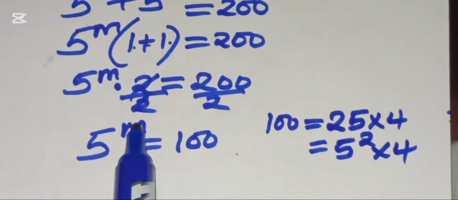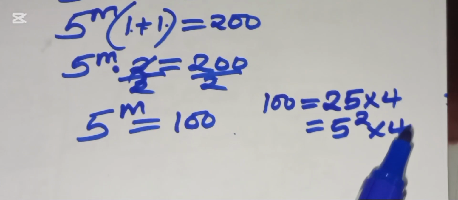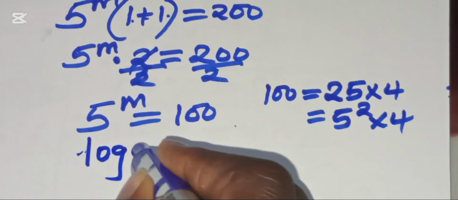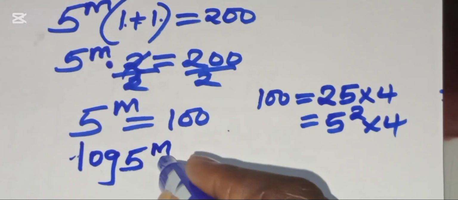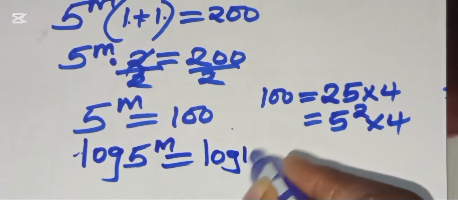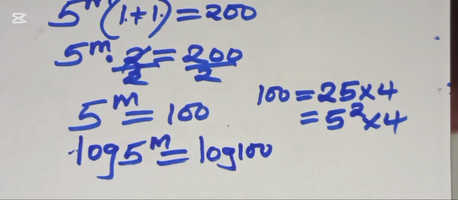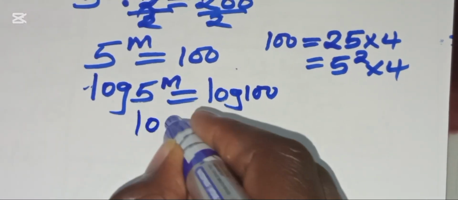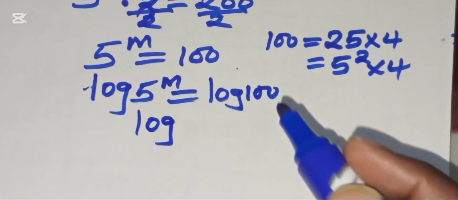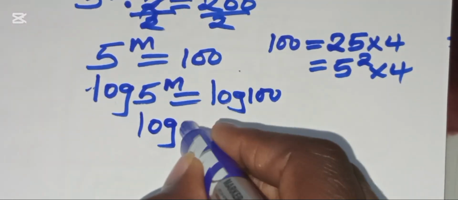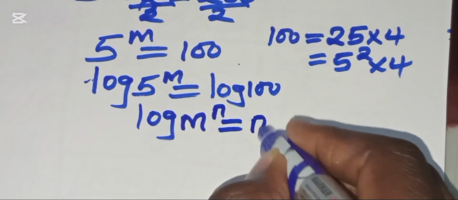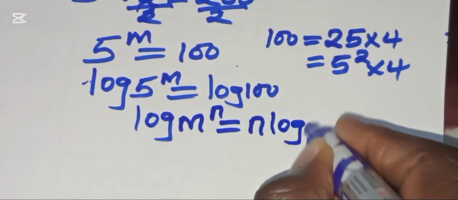Now, to solve for the value of m, we introduce the logarithm property. So we'll have log 5 raised to power m equal to log 100. Now from here, we're going to apply the exponential properties, that if you have log m raised to power n, this can be expressed as n log m.